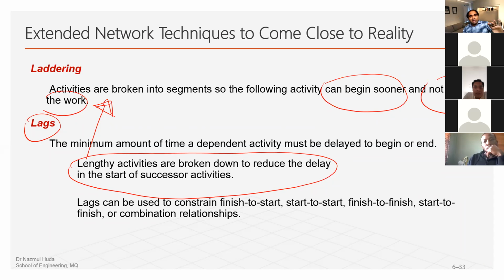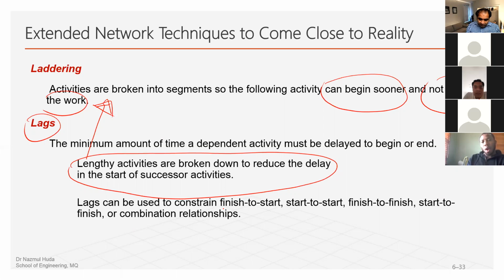If we start the layering process, an important parameter that we can look into is the lag, or the lagging process. So how does the lagging process work? Lags can be used to constrain finish to start, start to start, finish to finish, start to finish, or a combination of relationships. So we have multiple types of lags.